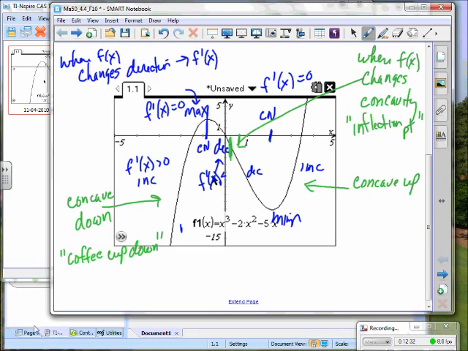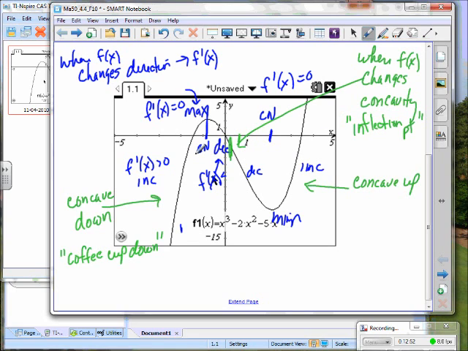An inflection point. We call that the point where concavity changes. Now, what do we call the point where the direction changes? Well, we also end up with some critical numbers with concavity, with the inflection points.